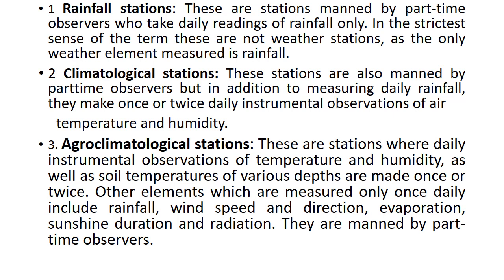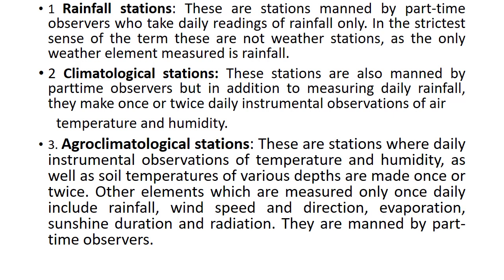So if we must be strict, if we must actually maintain the standard, one could say that rainfall station is not a true weather station, because it only measures one element of weather. However, it is a weather station so long as it measures an element of weather.